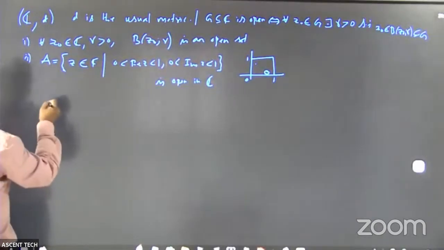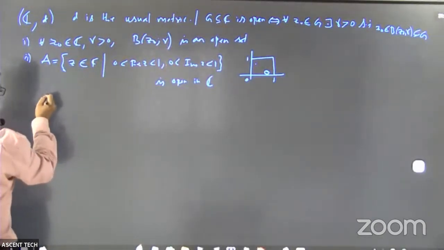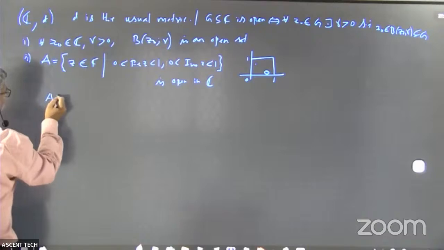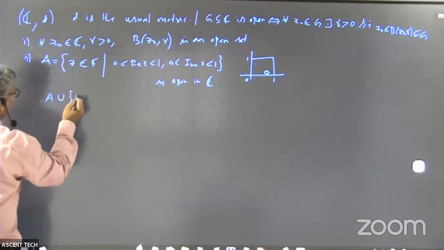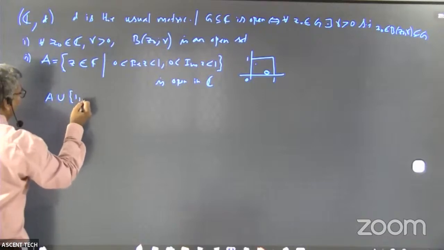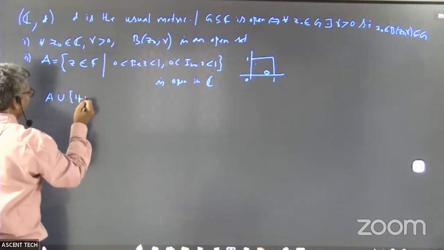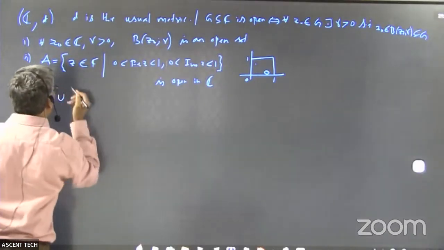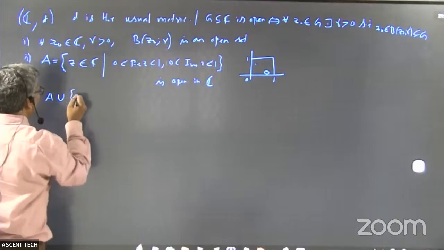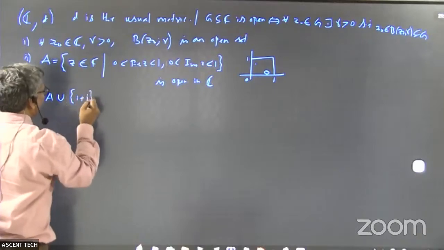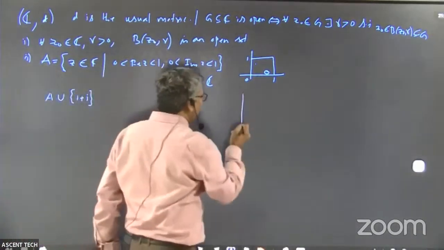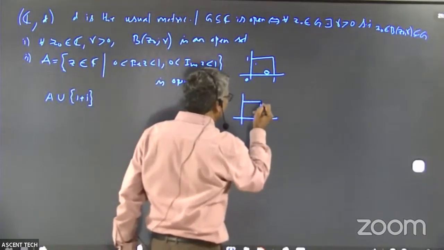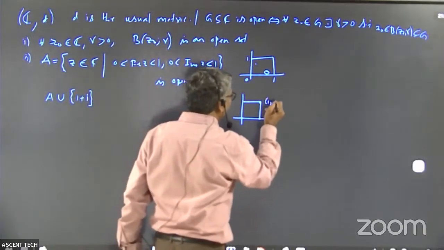Yep. If I take, for example, A union the point 1, 1, that means 1 plus i. A union the point 1 plus i. So I have included an extra point apart from the whole set A. I have included just this one point, 1 plus i.